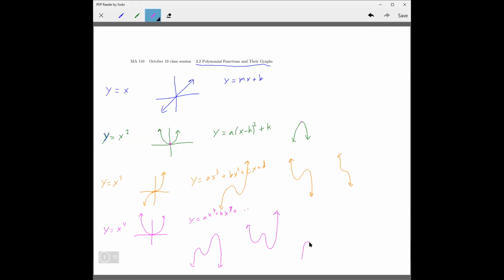It could be really flat but upside down. I'm trying to think if there's another option.